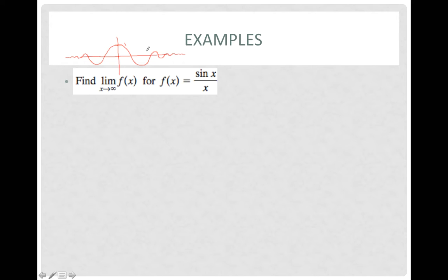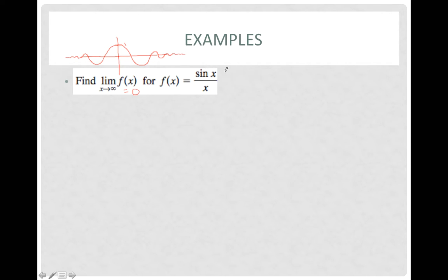You'll notice in this graph, the y values are oscillating, but they're getting closer and closer to a height of 0. We would say that this limit is equal to 0 because the y values are getting really, really close to 0.